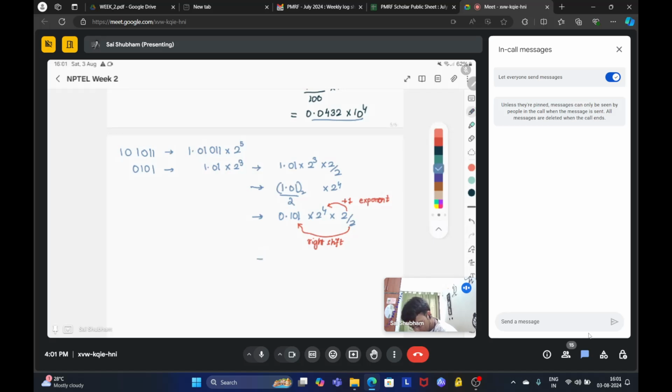So the equivalent will be 0.0101 into 2 power 5, and now since they have the same exponent size, you can add them. So 1.01011 into 2 power 5 plus 0.01010 into 2 power 5.